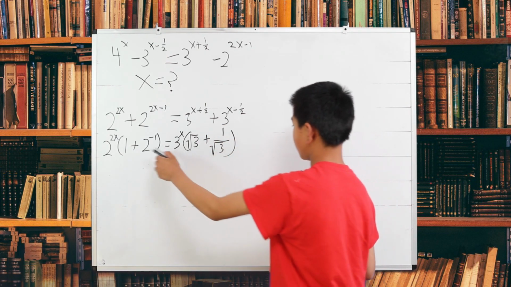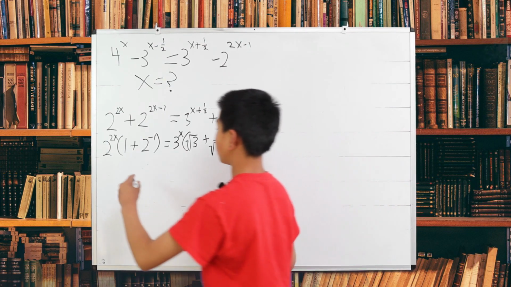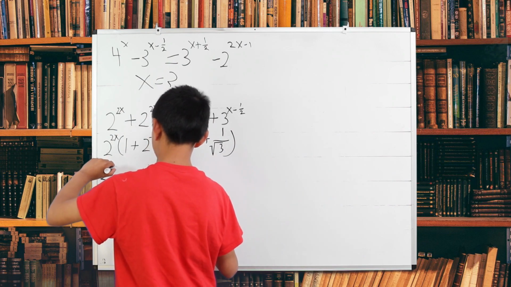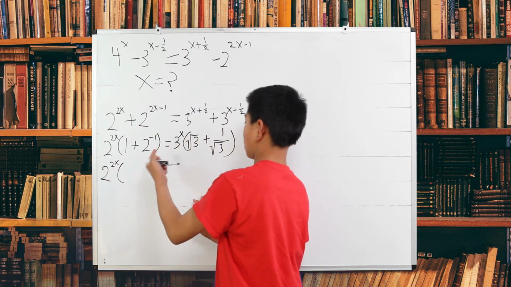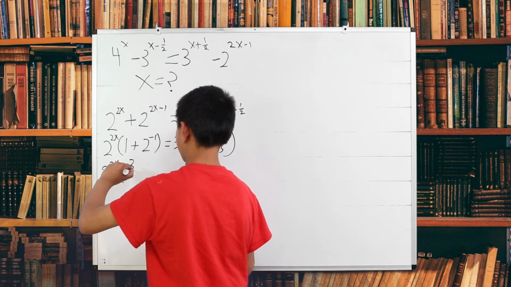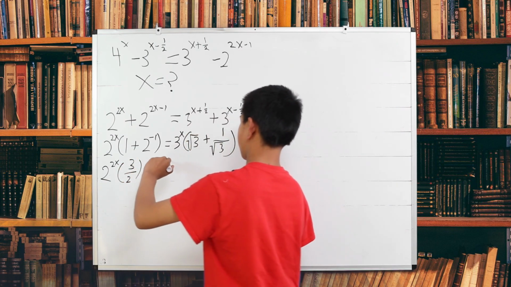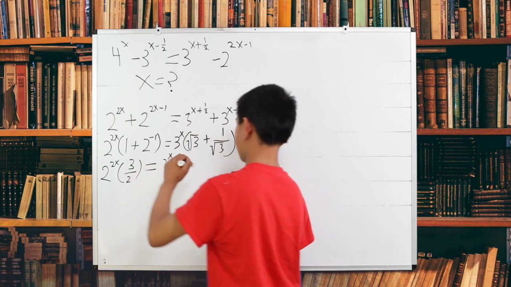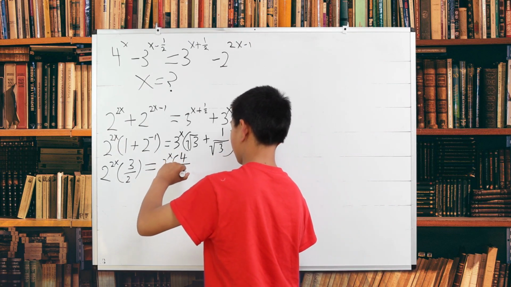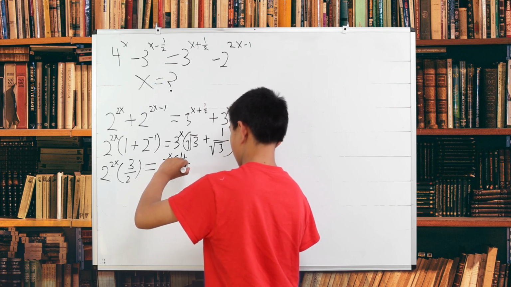Now we can figure out these inside values. This is pretty simple. On the left-hand side, the inside value, 1 plus 2 to the power of negative 1, is just 3 over 2. And for 3 to the power of x, what's inside here is just 4 divided by the square root of 3.